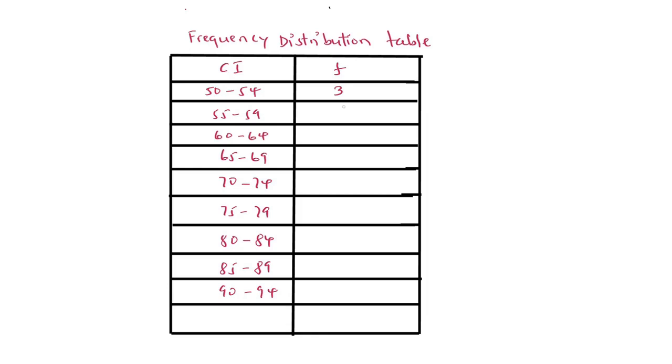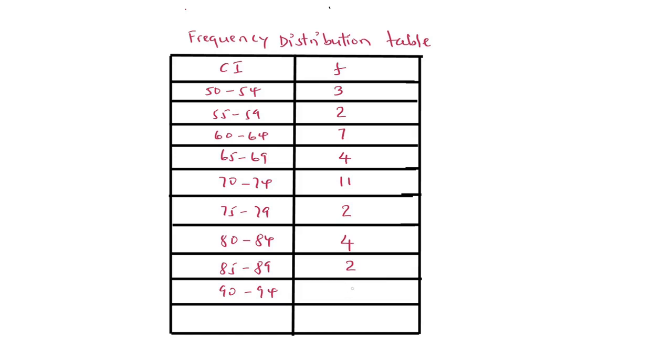For the next class, the count is 2. The next one is 7. The next one is 4. Next is 11. The next one is 2. The next one is 4. Next is 2.